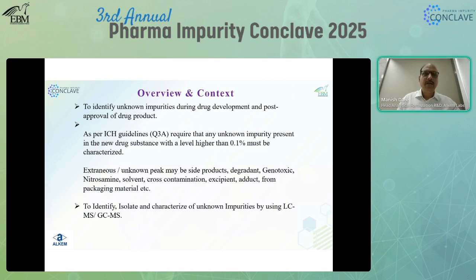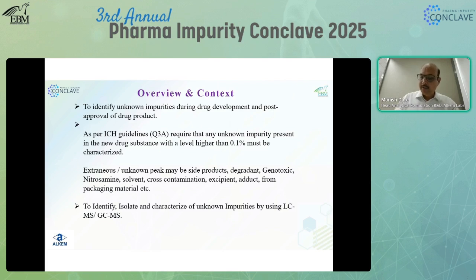And this NTA, basically unknown impurity, may come from different sources. It may be environmental contamination, or an extraneous or unknown peak arising during product development. It may be a degradant, a genotoxic nitrosamine impurity, cross contamination, or an excipient we are using in product development.